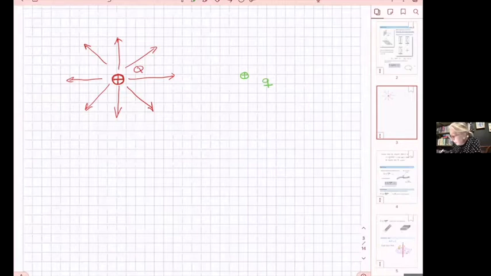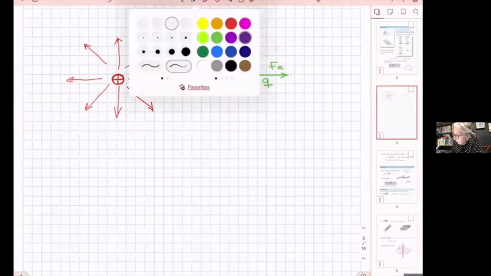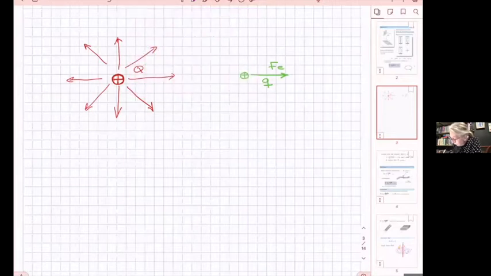There is a force that is going to push it away. But if we had a different charge that was negative, this charge would feel the same force, assuming that the two charges were at the same distance from the capital Q. It would feel a force that will pull it towards the positive charge. And we called this force the electric force.